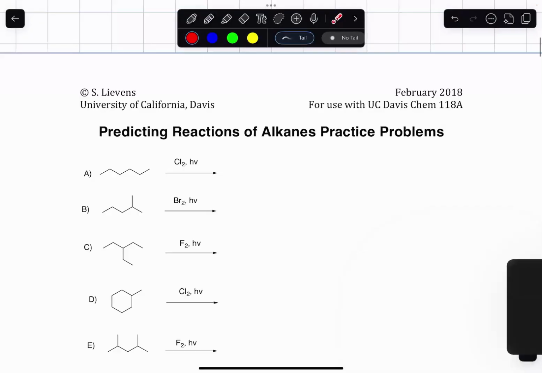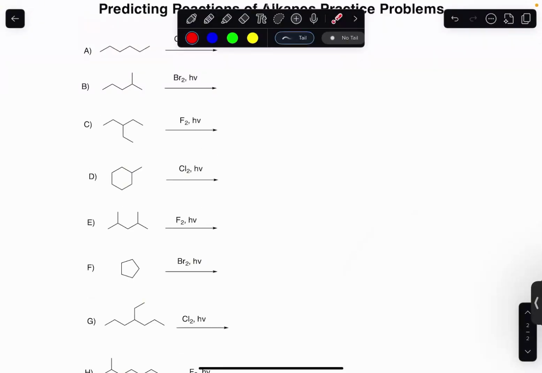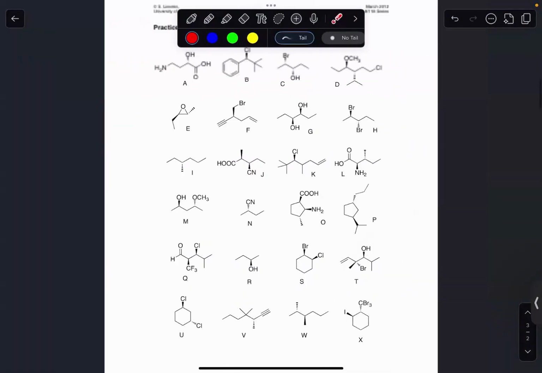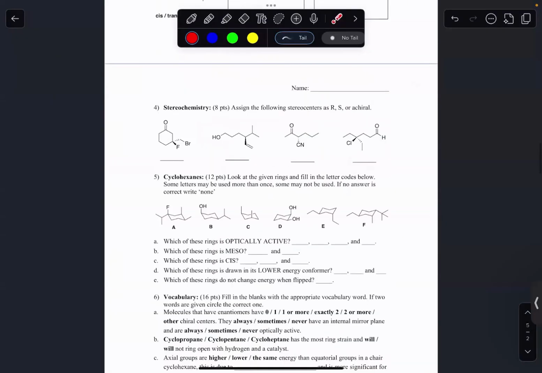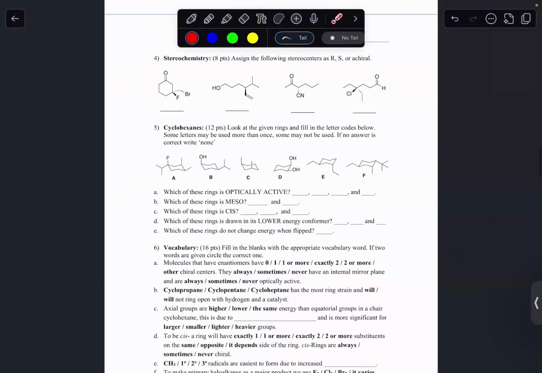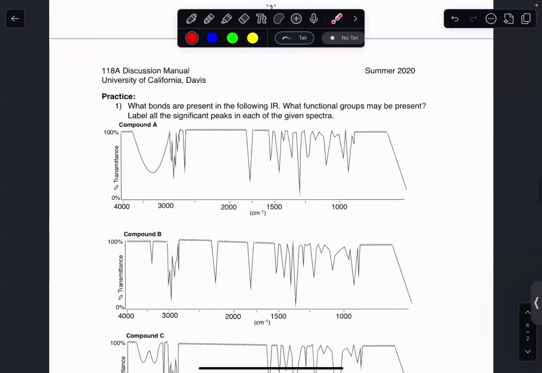Share screen. No, I'm not. Hyperkeys are really good at this. Ooh, okay. Chairs, stereochemistry, cyclohexanes. Ooh, okay, this one. Practice.